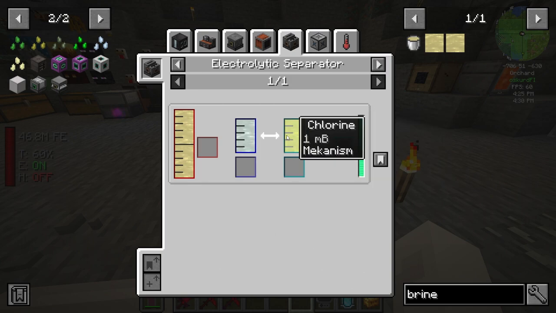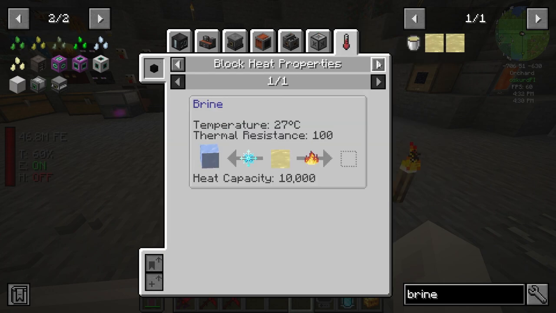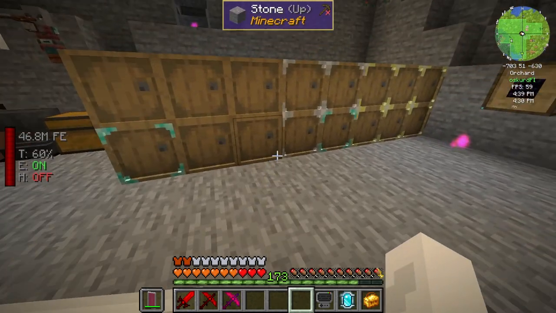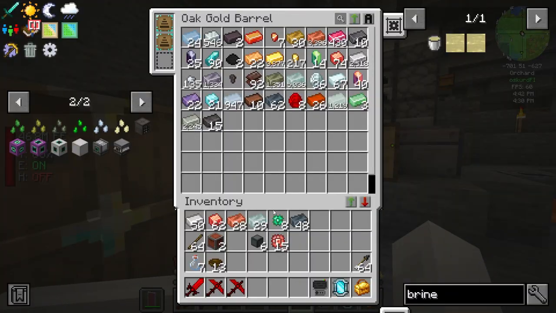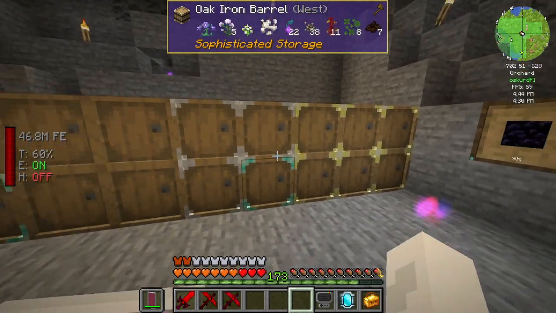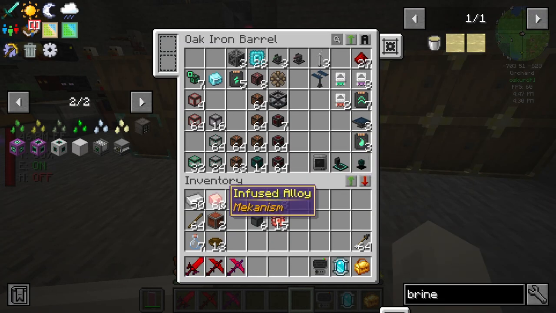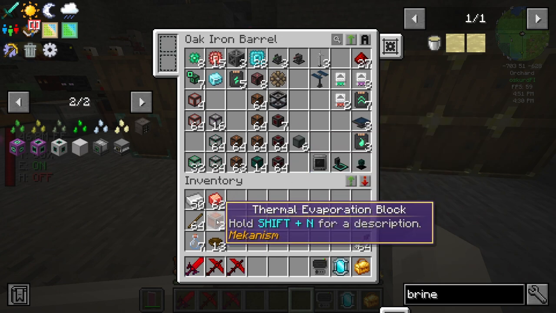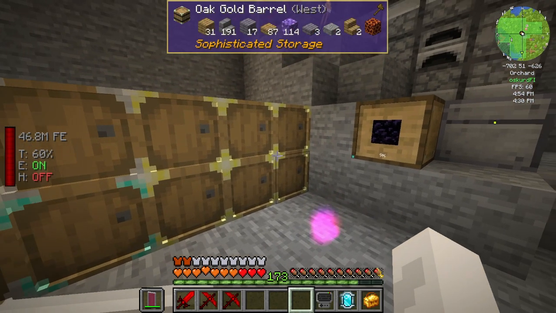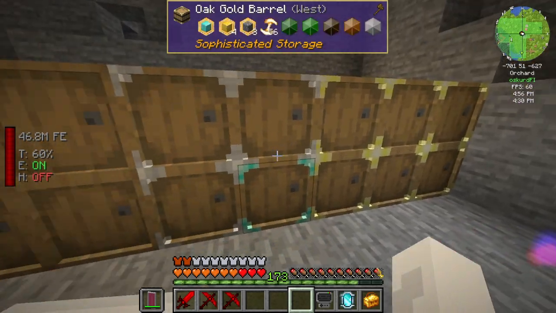We can make chlorine and sodium from brine. Maybe at some point needed. Well, it doesn't hurt anyone to make those buffers big enough. So maybe we are smart and make bigger ones.